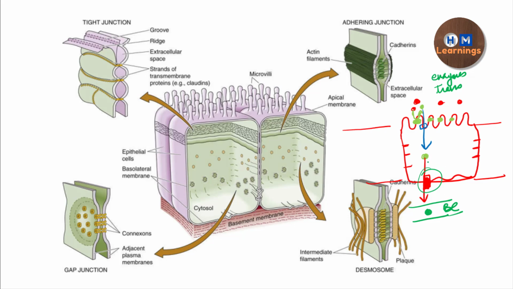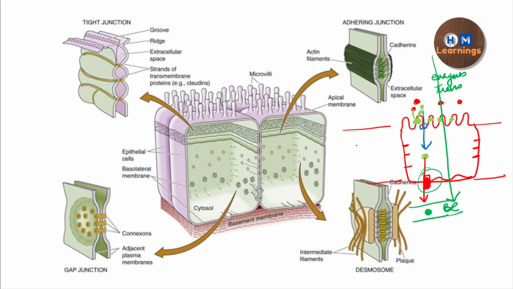They help in transport in the opposite direction, from inside the cell to the outside, whereas the apical ones take material from outside the cell to the inside. So the protein composition is different, and that is how cell polarity directs the transport of molecules from the lumen across the epithelium into the blood.